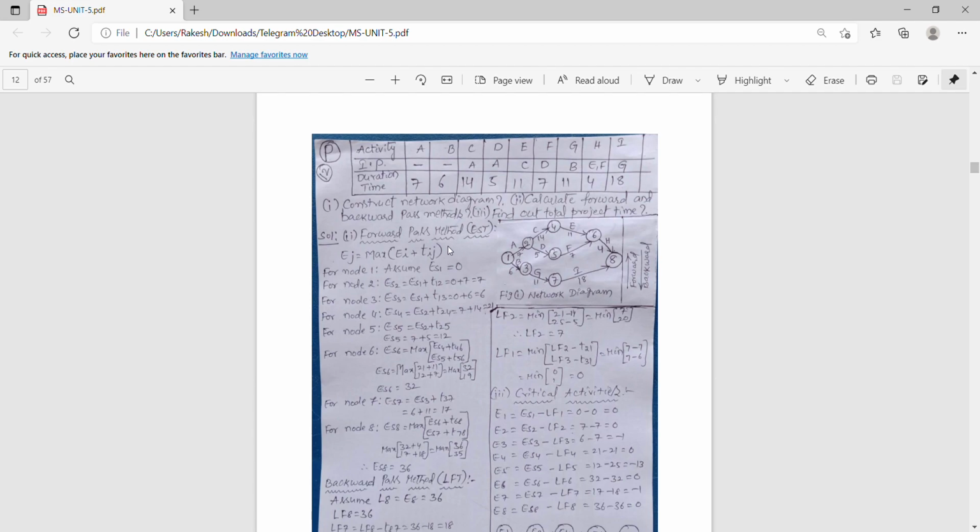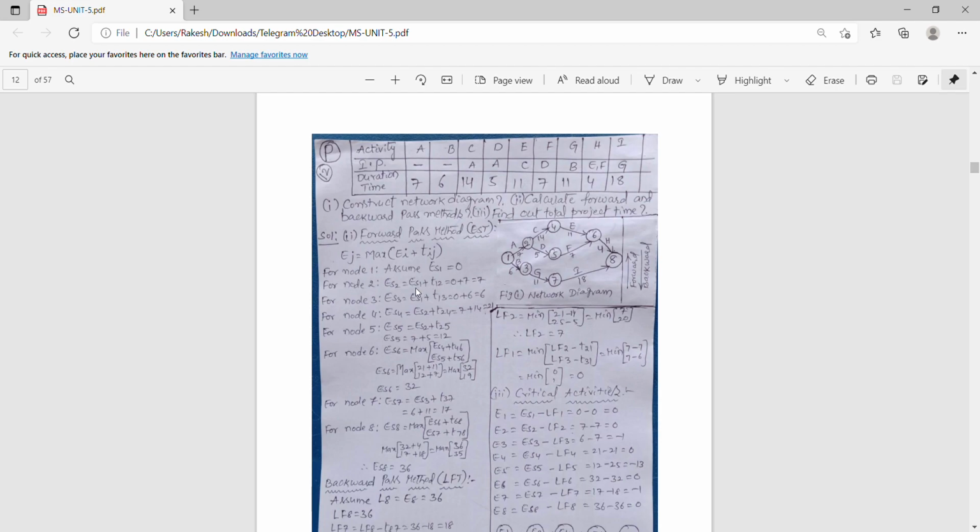Next, the forward pass method and backward pass method. The node 1's earliest time is 0. Earliest means starting time, so it is 0 at this node. ES1 means earliest starting of the first node, 0. Next, earliest starting of 2: ES2 equals earliest starting of 1 plus time taken from 1 to 2.